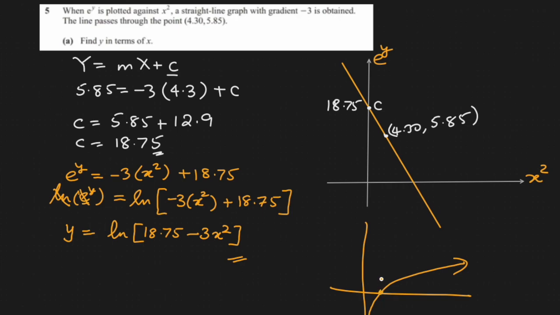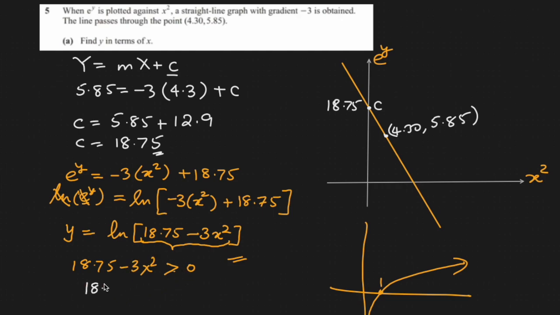It passes through 1 here, and the argument of the natural log has to be more than 0 always. So 18.75 minus 3x square has to be greater than 0, and that will give us the condition. So let me bring 3x square to the other side.